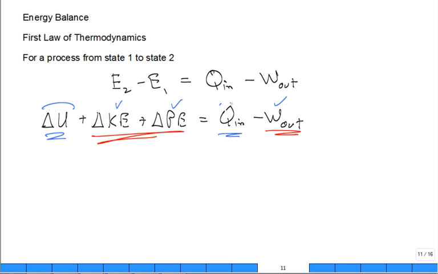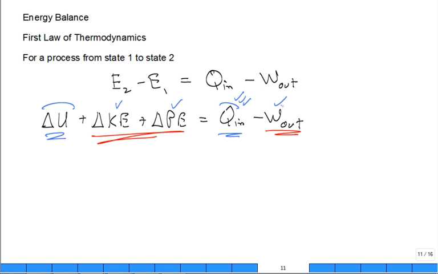How about this Q? Well, we just described conduction, convection, radiation, but other than that, for this class, most of the time we don't predict it from Fourier's law or Newton's law of cooling or the Stefan-Boltzmann law. We just say, here it is, or you have to calculate it using an energy balance.